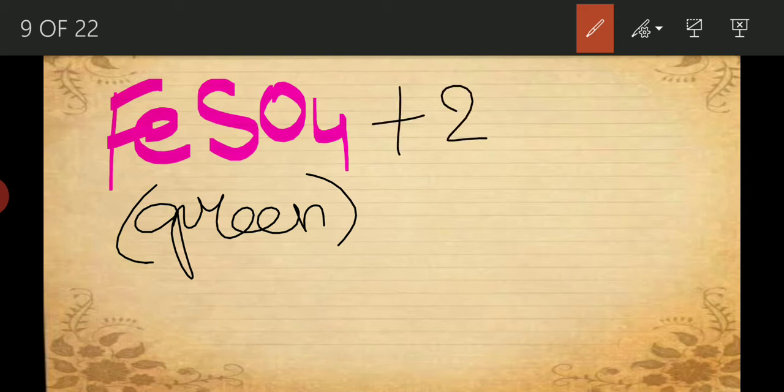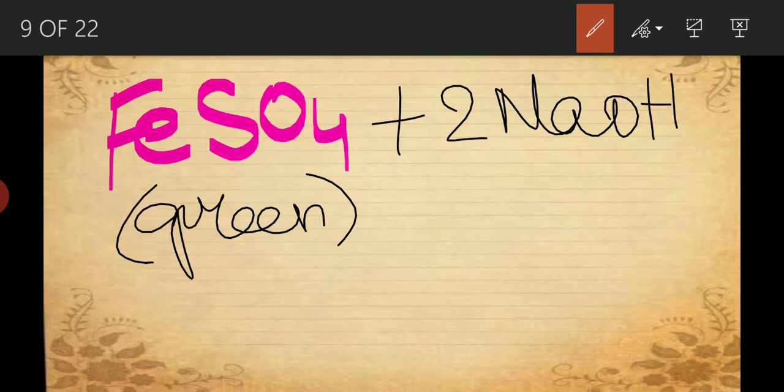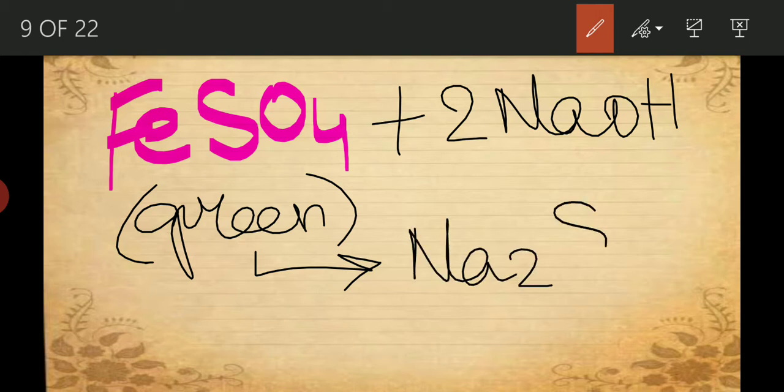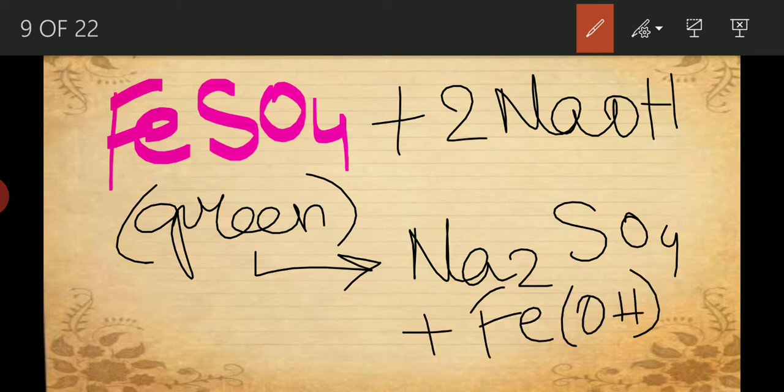If you react ferrous sulfate with NaOH, sodium hydroxide, then what will you get? You will get sodium sulfate, Na2SO4, and ferrous hydroxide. Again, this is a PPT. It will form a PPT.